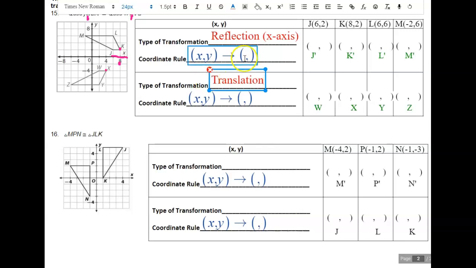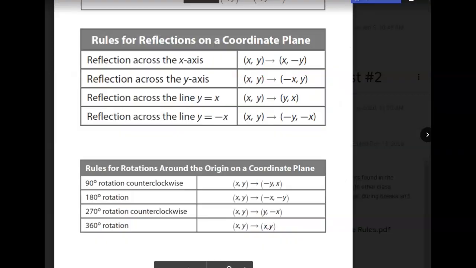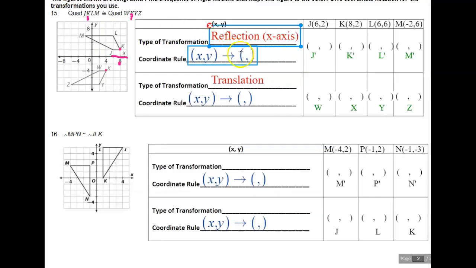Now if you need to look up the formula for the reflection over the x-axis, you can go back here and see it's x comma negative y. So I'll have x comma negative y. Then here, remember I need to move 4 left and 2 down. So it's going to be x minus 4 and y minus 2.